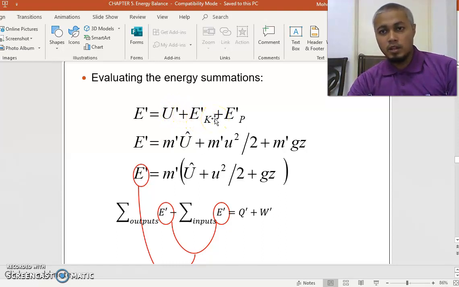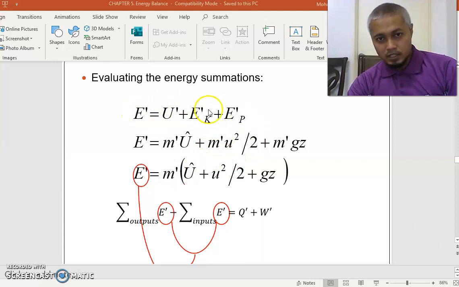Then if we plug in the formula, after we consider the mass flow rate, we can rewrite it as mass flow rate times the internal energy, plus mass flow rate times the kinetic energy, which is u squared over 2, and mass flow rate times gz, which is the formula for potential energy.